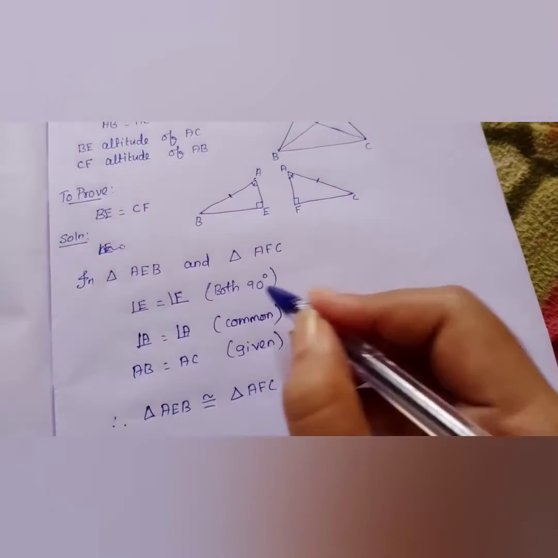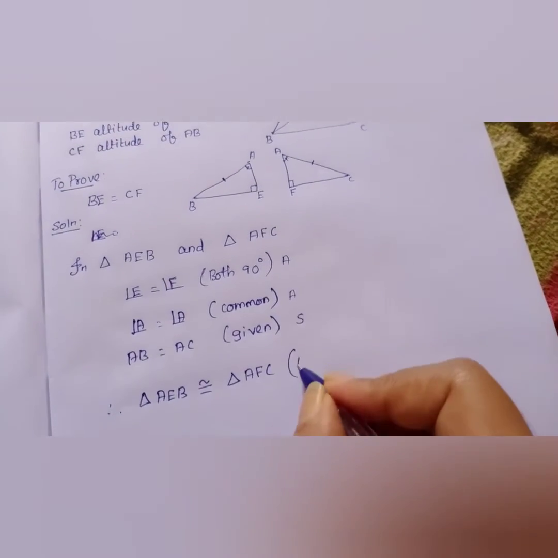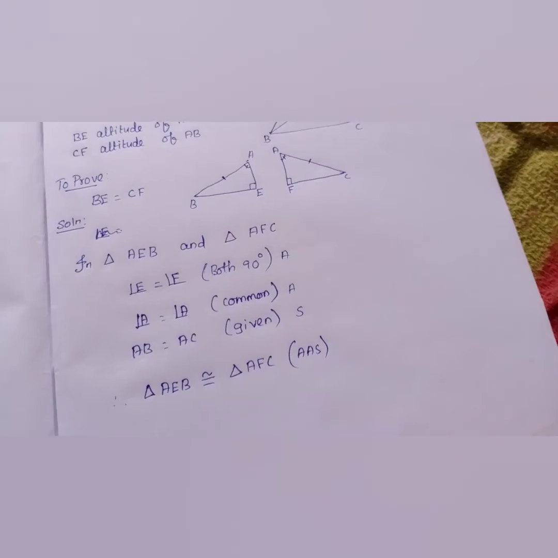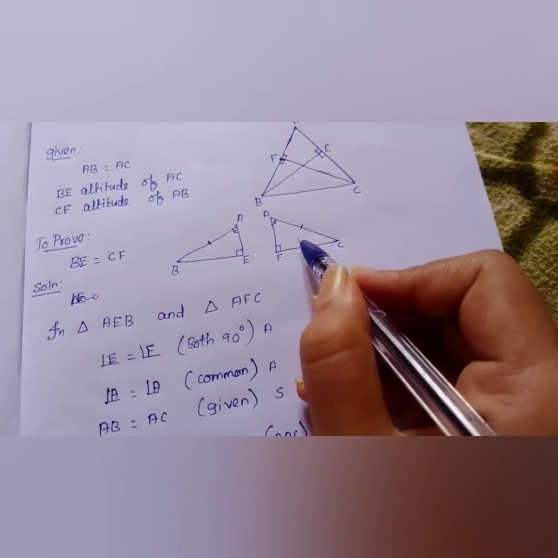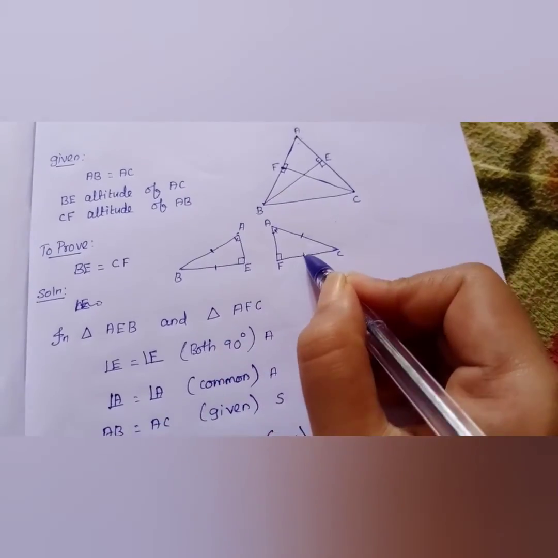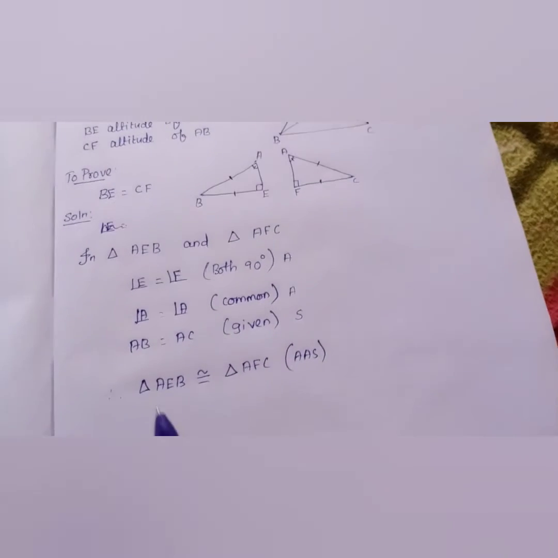What's the rule? Okay, angle, side. So by the rule AAS. Otherwise, you can mention ASA, otherwise SAA. That's your wish, that's not a problem. We need two angles and one side. That's it. You can choose your own order.